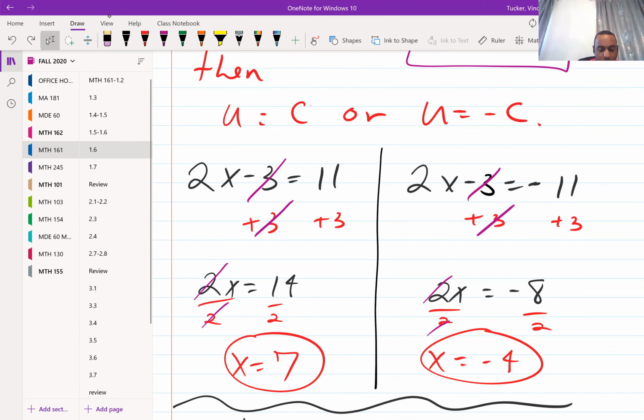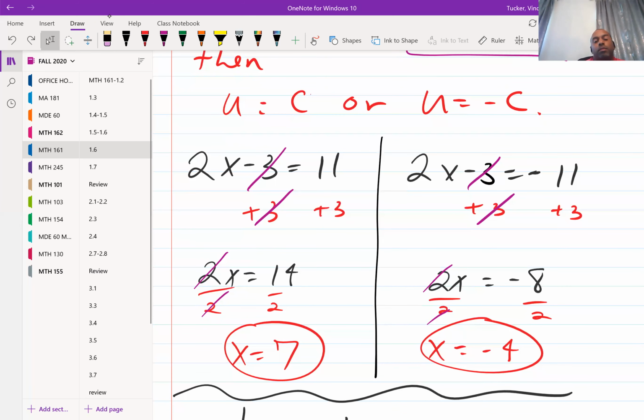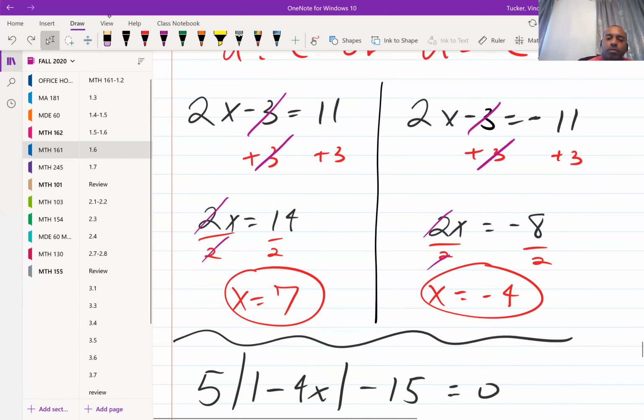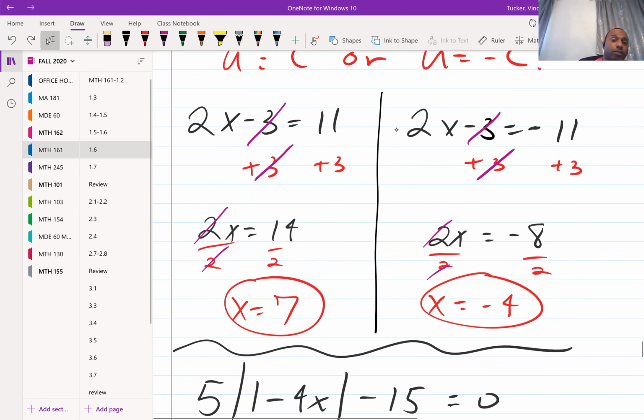All right, questions on that before we look at another one? Somebody said something in the chat. You don't necessarily have to check. If you do these correctly, you should have the right answers.